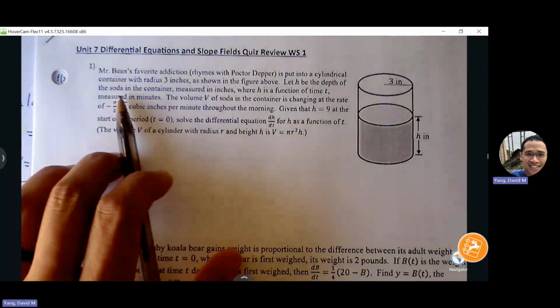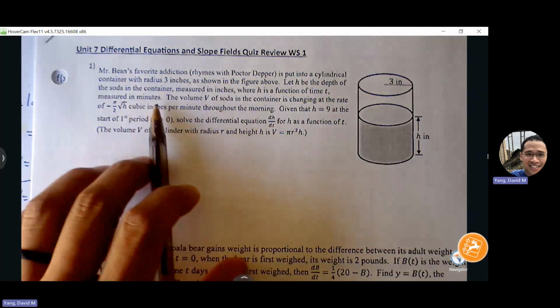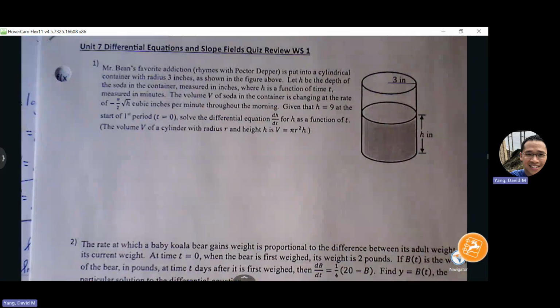Let h be the depth of the soda in the container, where h is a function of time measured in minutes. The volume is changing at a rate of -π/2 root h inches per minute throughout the morning, given that h equals 9 at the start of the first period. Solve the differential equation for h as the function.